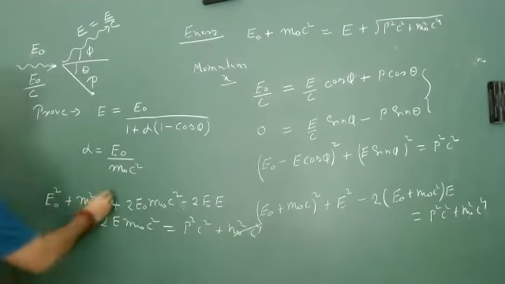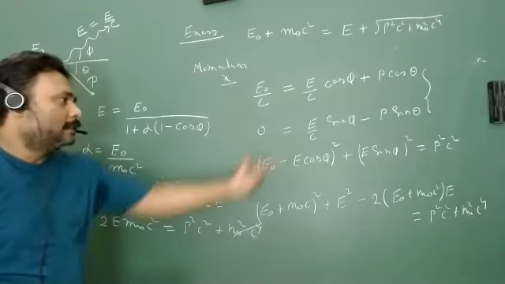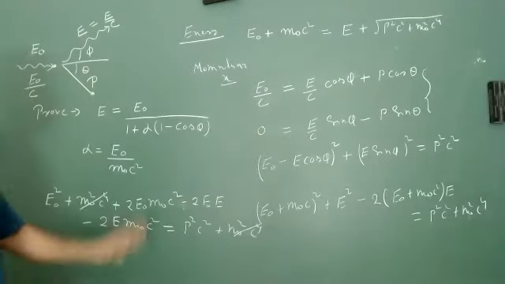So this term and this term are cancelled. Now on the right hand side we have again P square c square.